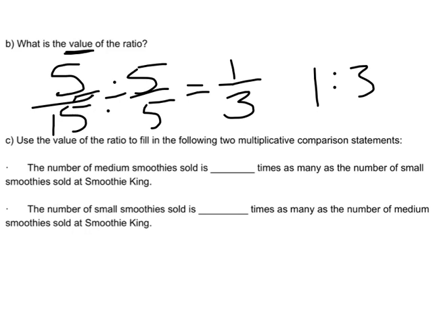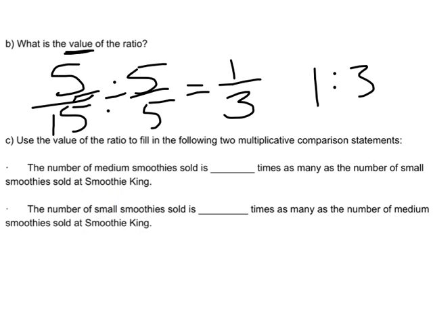Now, that brings us to the next problem. Use the value of the ratio to fill in the following 2 multiplicative comparison statements. The number of medium smoothies sold is blank times as many as the number of small smoothies sold at Smoothie King.